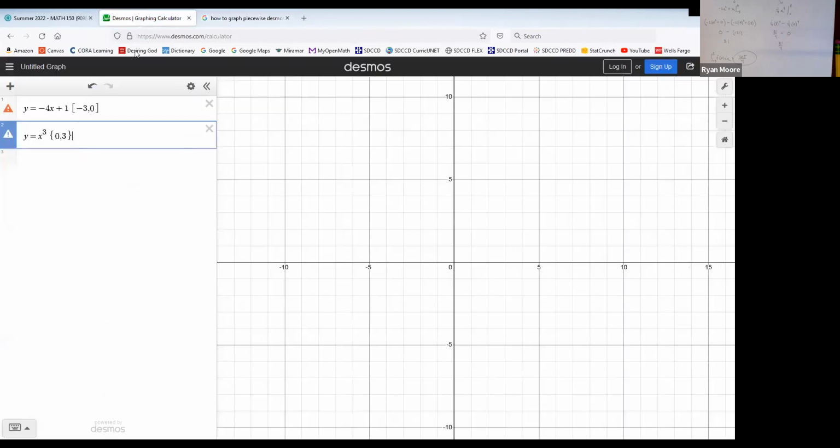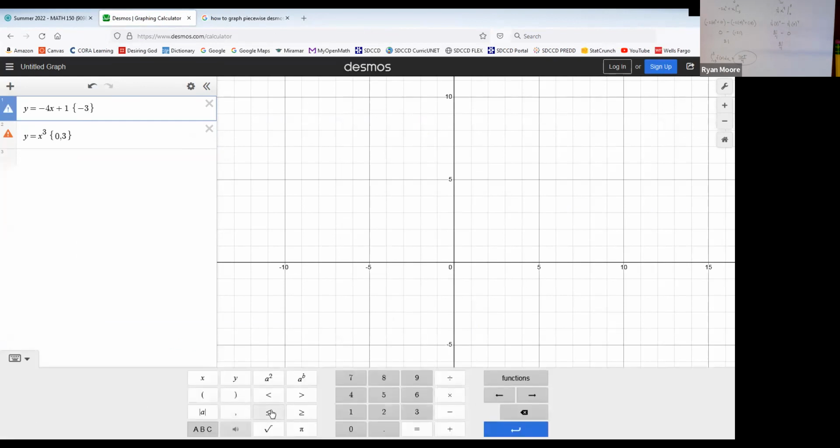Oh, okay, gotcha. It is the curlies, but you got to use the less thans. Aha, negative 3 less than x, less than 0, like that. There we go. 0, less than or equal to x, less than or equal to 3. That's it.